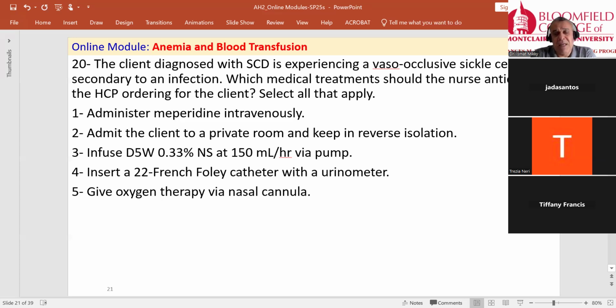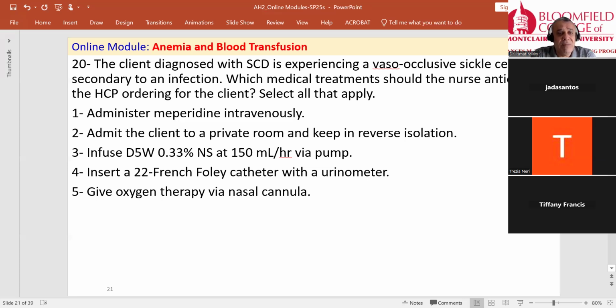They are very toxic and can result in seizures. So if the patient is an older adult or has sickle cell disease, that's why morphine is the drug of choice. So number one is contraindicated.